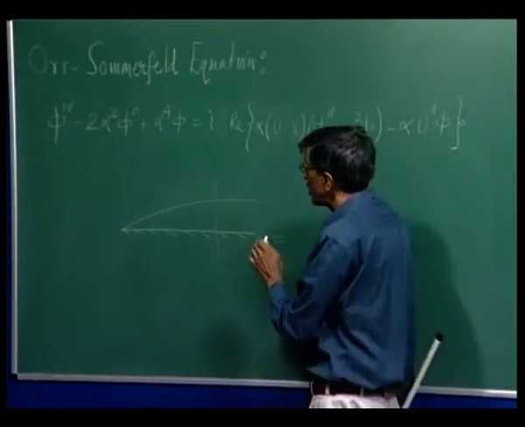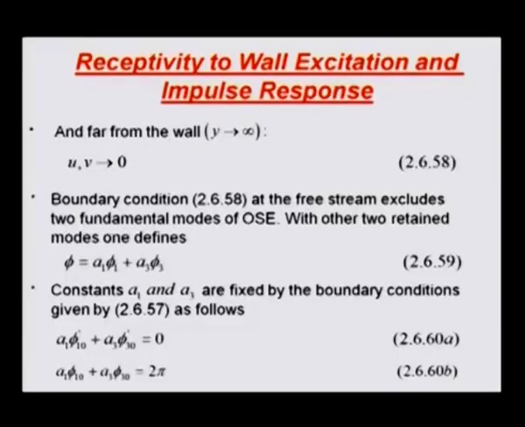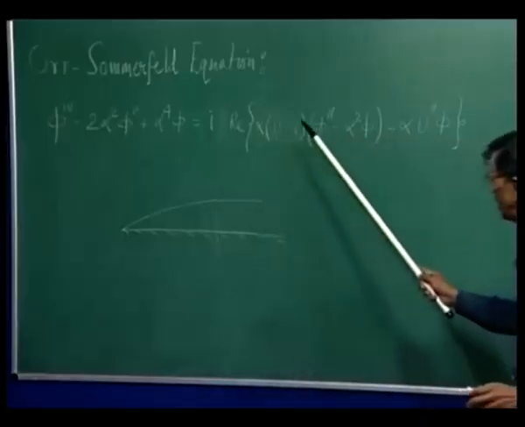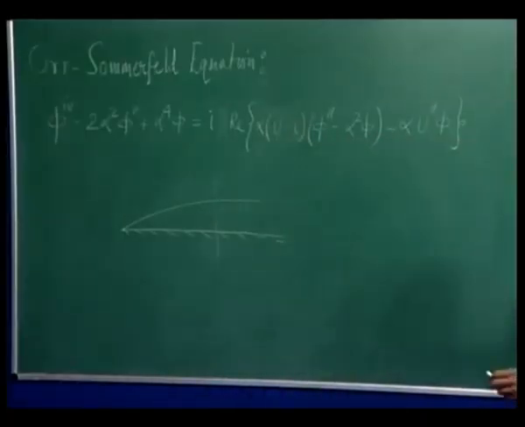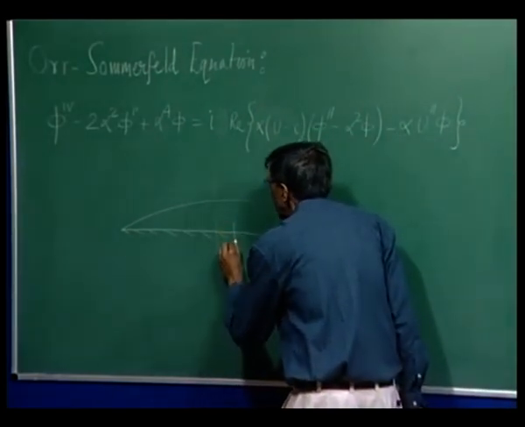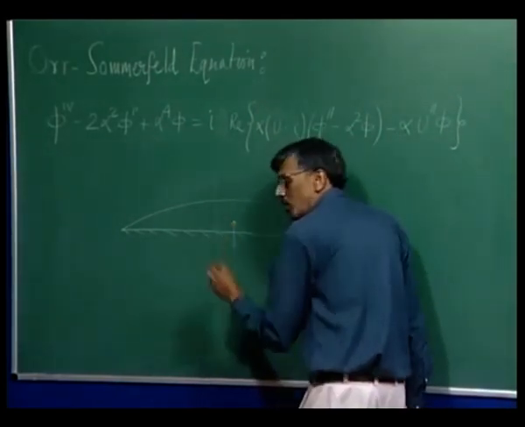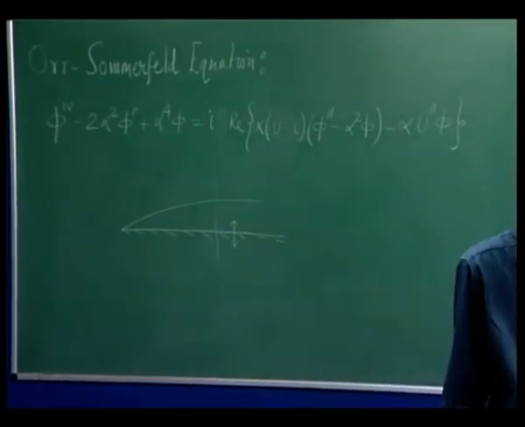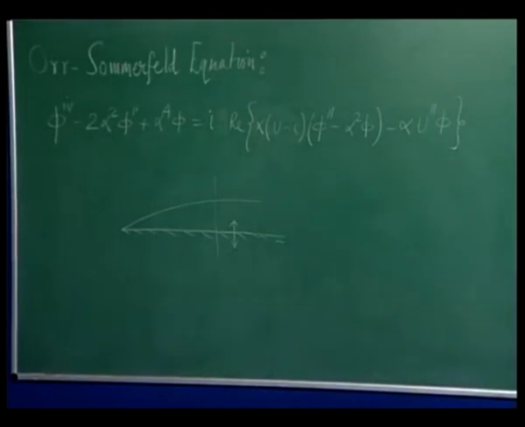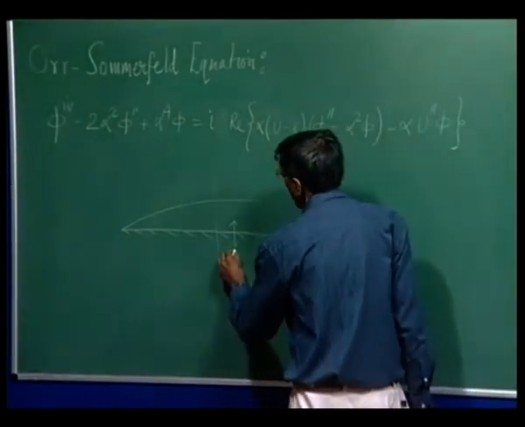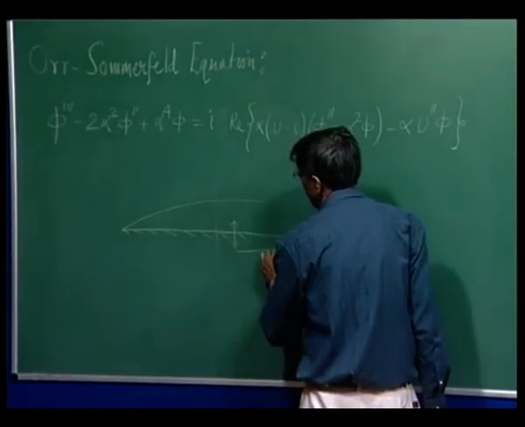So, if I want to study the property of the shear layer to wall excitation under the Orr-Sommerfeld umbrella, then I would provide a localized disturbance like the one that we noted was performed by Schubauer and Skramstad. Now, this is a delta function. So, I could fix a coordinate system like this.